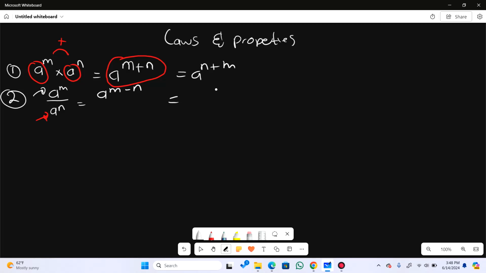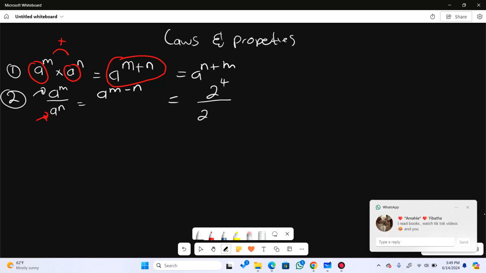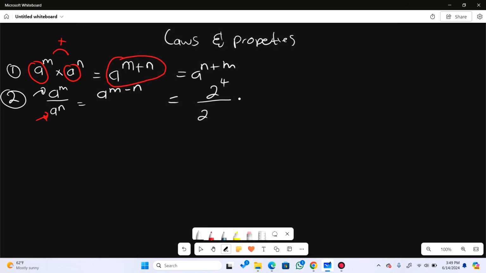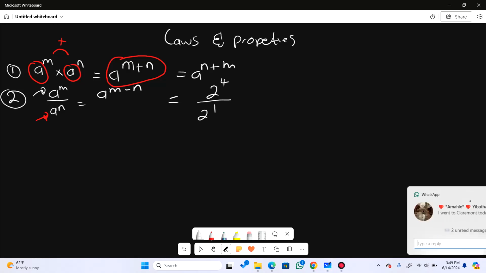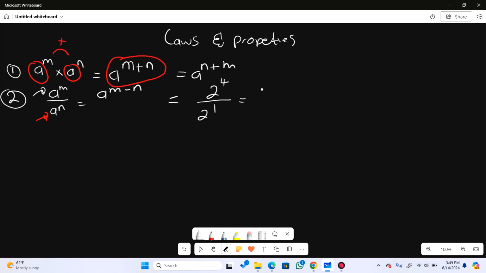So for instance, if we have 2^4 all divided by 2^1, we'll have 4 minus 1, which will give us 2^3, which is equal to 8.